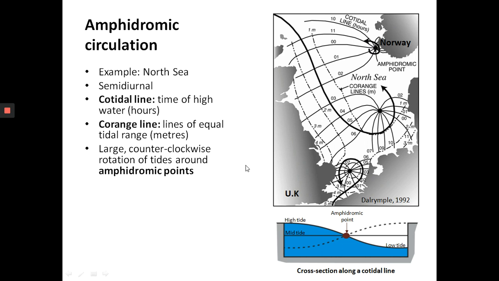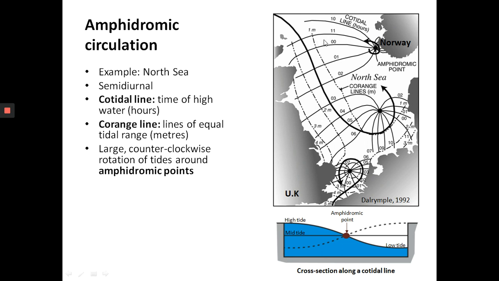So on this map, first you have this solid arrow line here, and this shows you the direction of rotation of your amphidromic tidal circulation. Okay? Here, all these are counter-clockwise, large counter-clockwise rotation of tides around amphidromic points. So your black dots here are your amphidromic points. And also you have co-tidal lines.